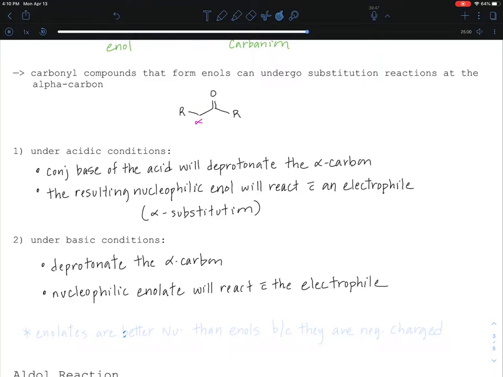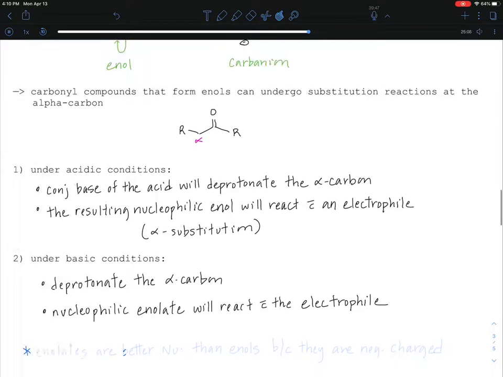Okay, so just so you guys know, enolates are better nucleophiles than enols. So let me just put that down there. Enolates are better nucleophiles than enols because they are negatively charged.